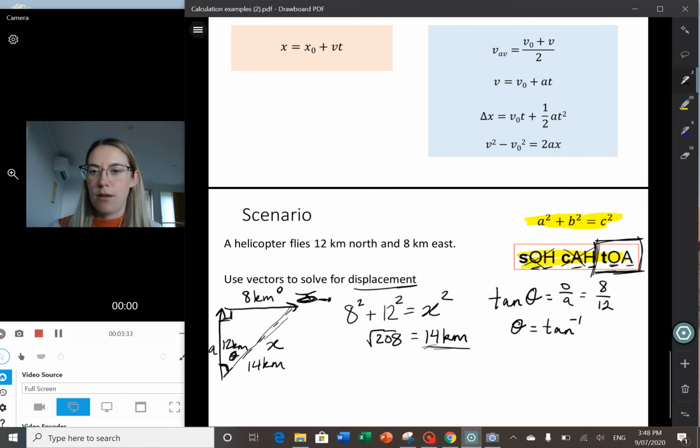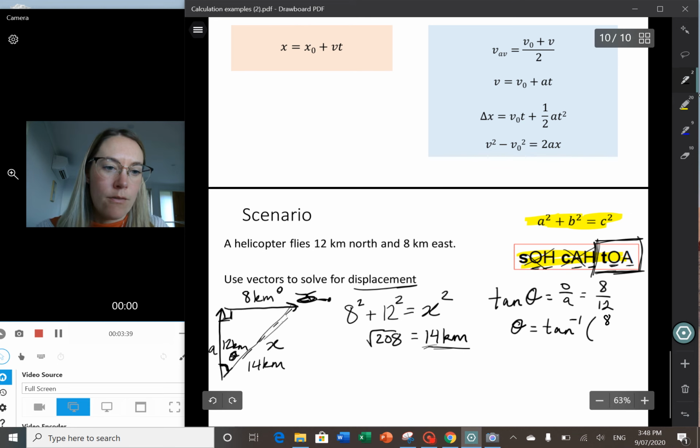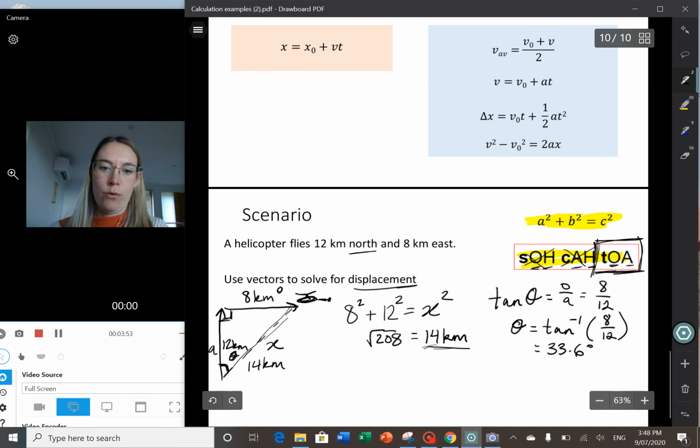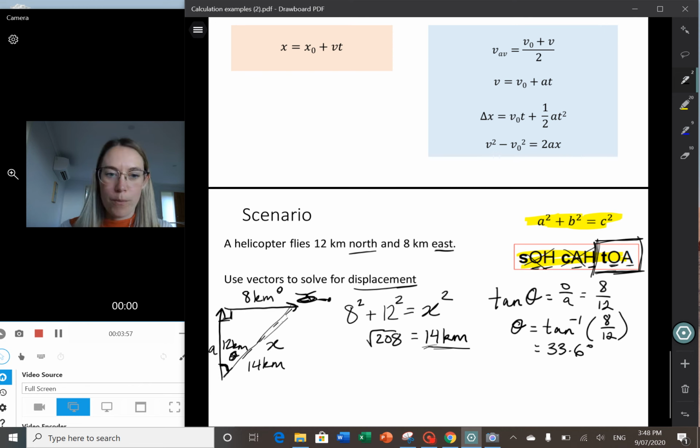Don't stress if you don't know what that means, you can plug it into your calculator. So the inverse tan of 8 over 12 is the size of the angle, which is 33.6 degrees in a northeast direction, which we were told in the problem.